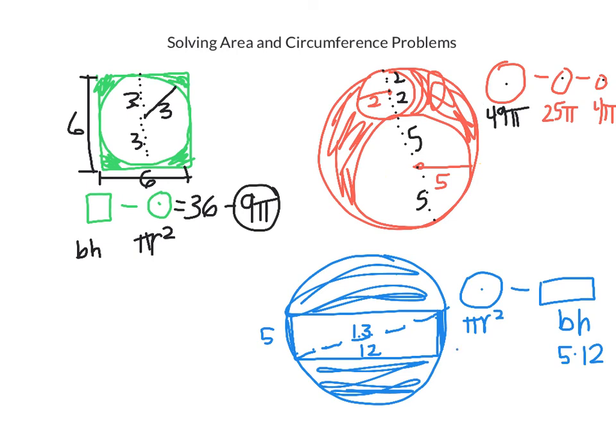So in this case, the radius would be half of 13, so 6.5. So you would square 6.5 and multiply that by 3.14. And then you would just do that minus 60, because that's what 5 times 12 is.